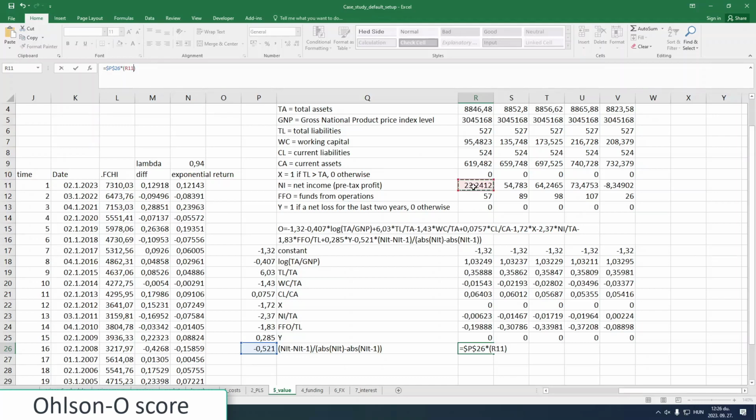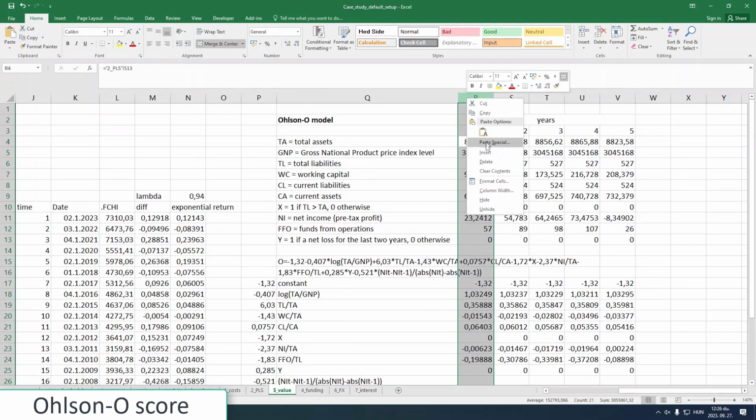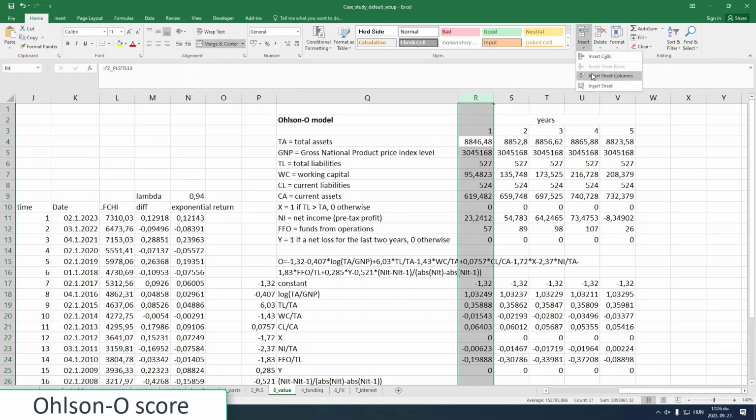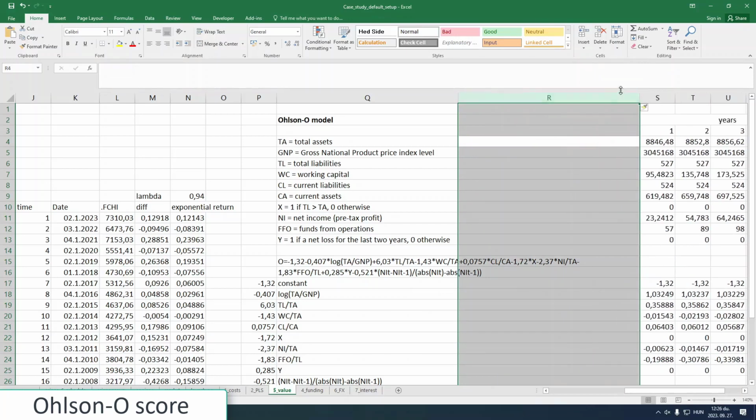where there is no data, so in this case we have to be creative somehow. Let's close this one, and let's say that we have to insert a new column.